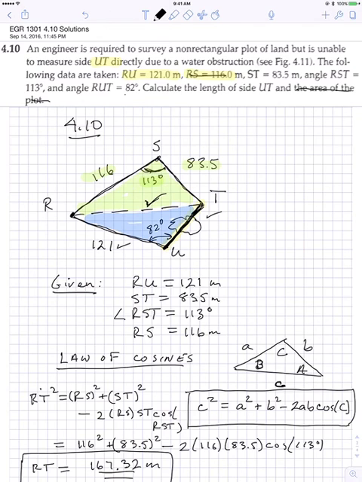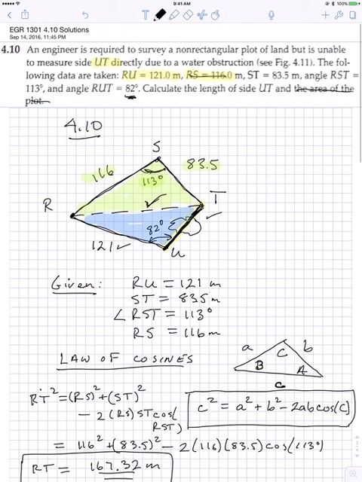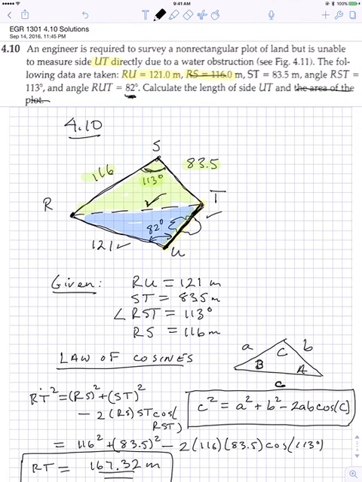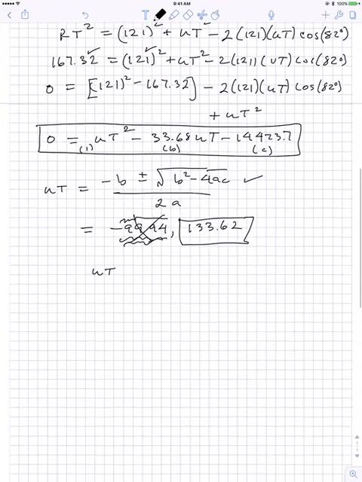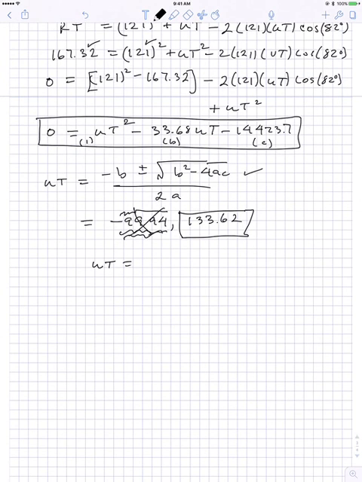It depends on what they mean by this 82. It does say just 82, but the others have fractions. I'd be a little more specific about it on an exam. Let's go with 2 significant places, and that would be 130 meters.